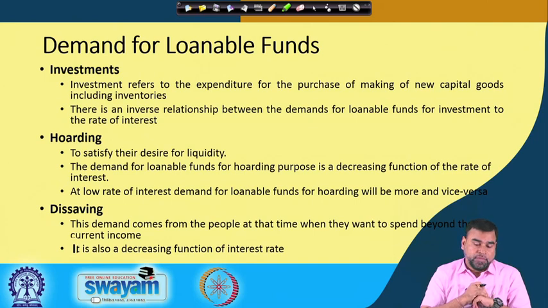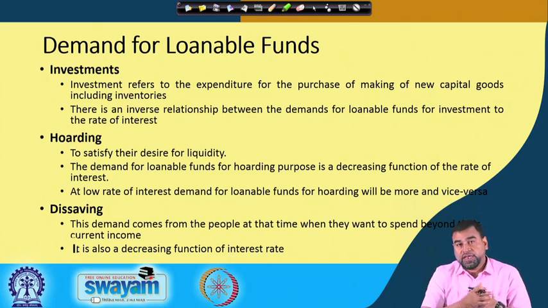Why do we call that a decreasing function? If somebody is going for saving and the interest rate is low, they will not save that money in the bank; they would rather use it for consumption.